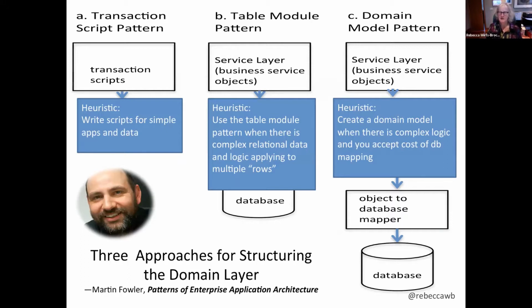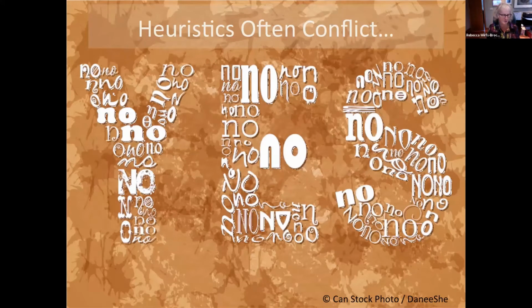Now, you might say that heuristics often conflict with each other. And in fact, they do. That's okay. Competing heuristics in our design give us options. There's more than one way to design a system. And each of these heuristics makes sense under certain circumstances.